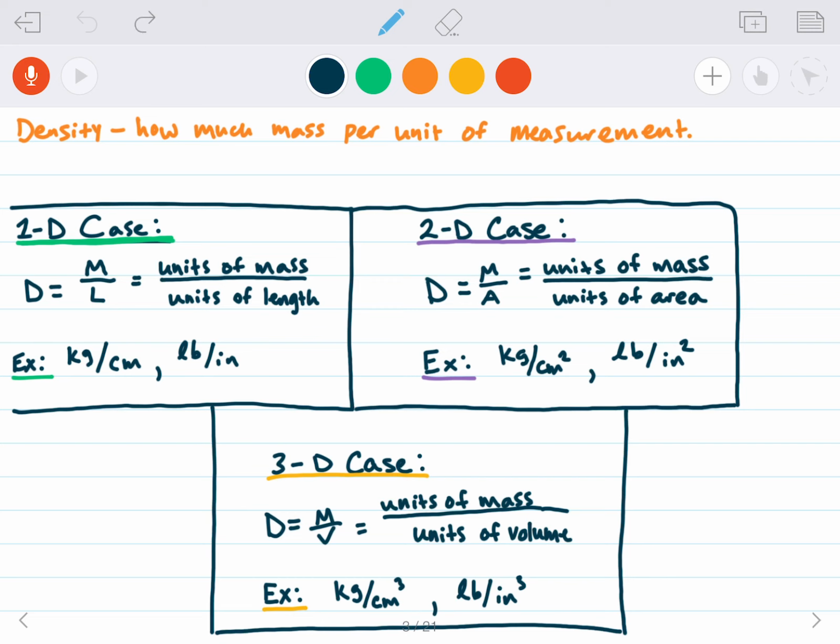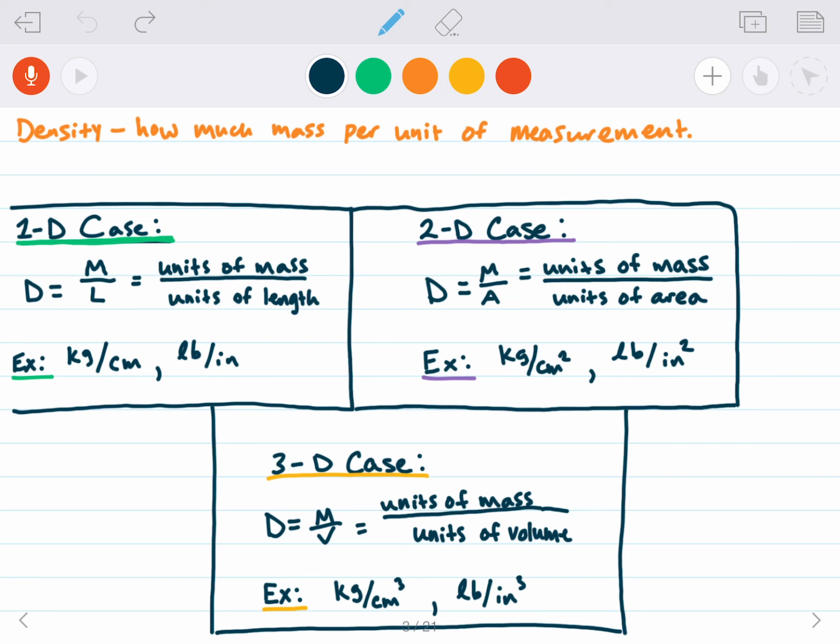So in that instance, we could have something like kilograms per centimeter or perhaps pounds per inch. In the two-dimensional case, bumping it up a dimension, instead of mass per length, now we have mass per area. So units of mass per unit of area, and some examples of that would be kilogram per centimeter squared or pound per inch squared.